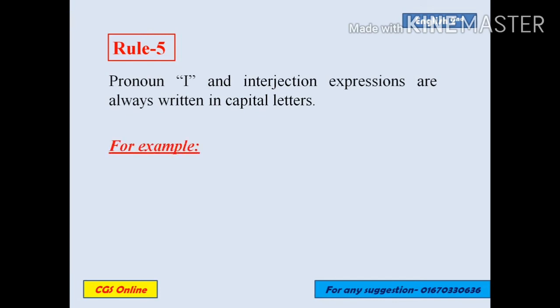Let's have an example of this. If he wants, I shall have him. Bless me, O God. Here we see I is in capital form, though it is not the start of the sentence.